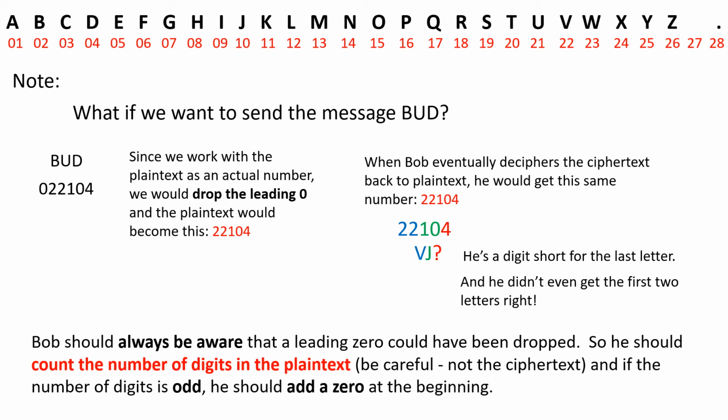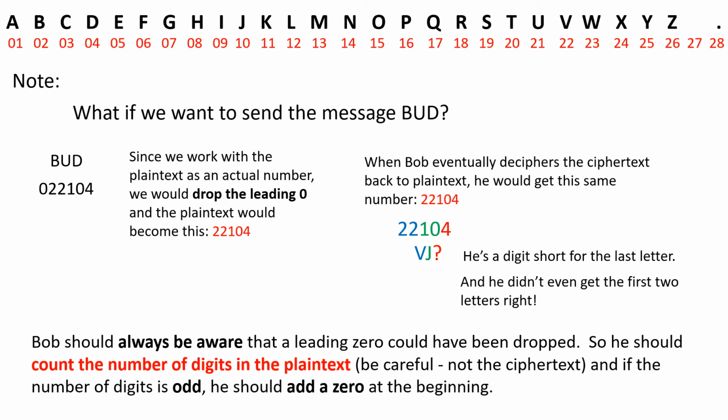So here's the bottom line, and it's not that hard. The receiver, using this simple cryptography system that we've just talked about, using these two specific equations to take the plain text to ciphertext, and then ciphertext back to plain text, should always be aware that a leading 0 could have been dropped. So here's the solution, an easy one. He should count the number of digits in the plain text, not in the ciphertext, but in the plain text. So after he deciphers it, he should count the digits.